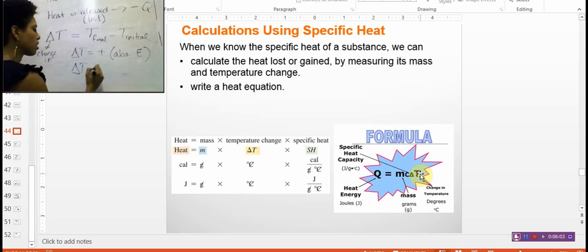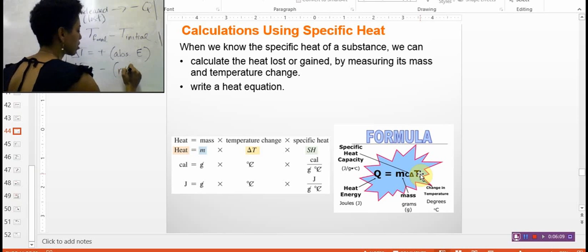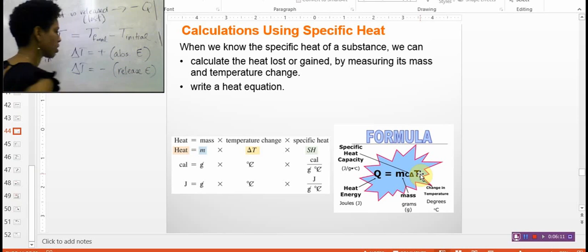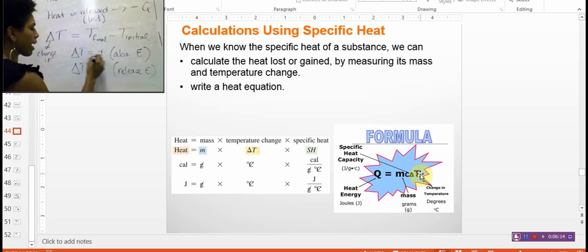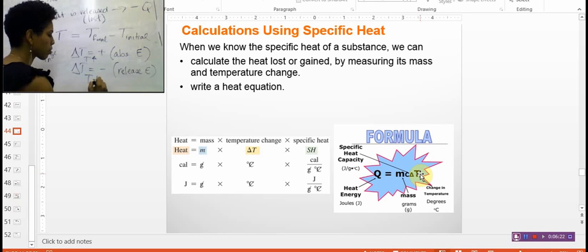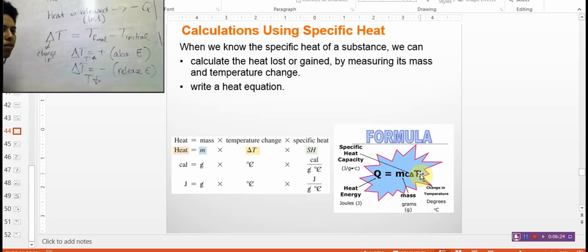If my delta T is negative, I'm releasing energy, right? A positive delta T means the temperature goes up, and a negative delta T means my temperature goes down. So you think about these things when you're figuring out whether to write the heat positive or negative, and whether your delta T is right. The change in something is always the final minus the initial.